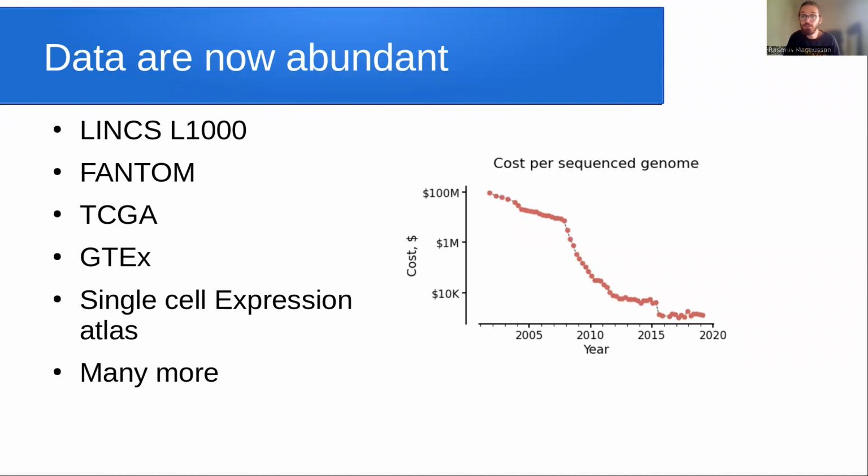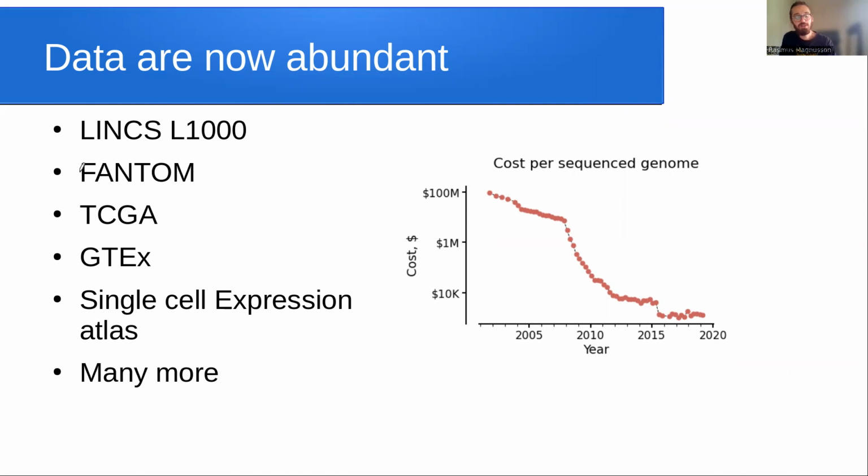extract lots of data from biological systems. If you look at the cost per sequenced genome, for example, the price has really collapsed. This is a logarithmic scale, so you see that it's today much cheaper to do many different kinds of biological experiments, and by that we also have a huge set of available biological data.